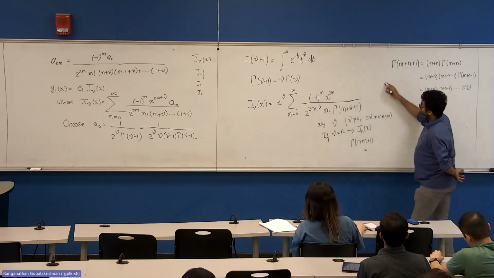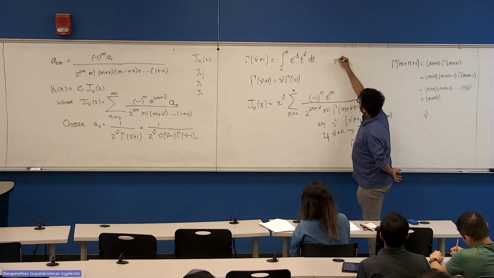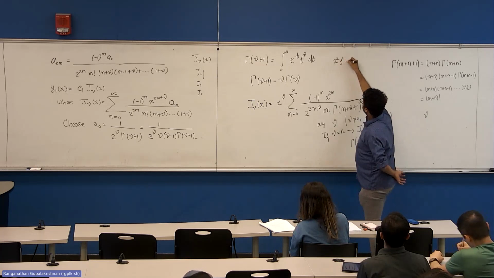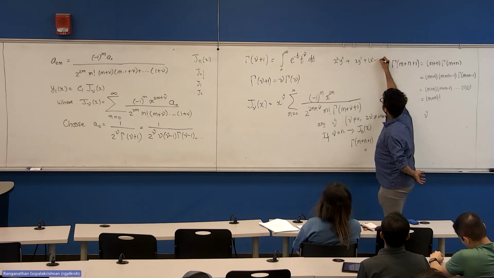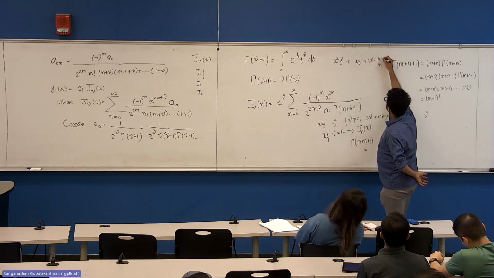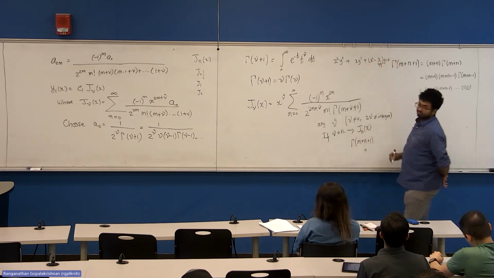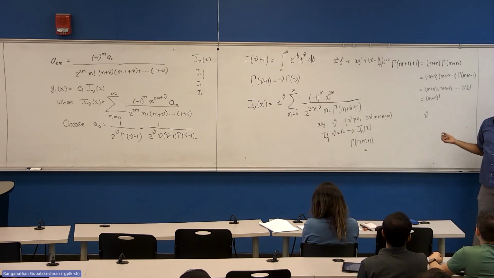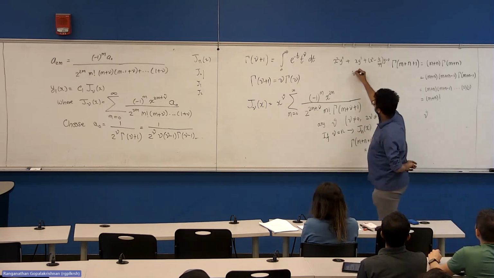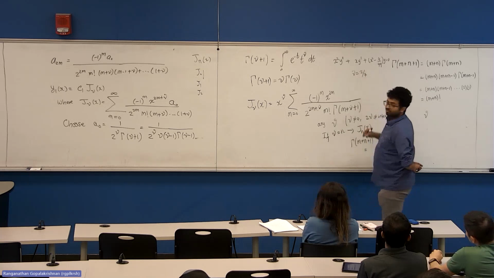For example, this is one of the problems on one of the mock exams. x squared y double prime plus x y prime plus (x squared minus 4 over 49) times y equals 0. Construct a general solution for this Bessel's equation, where nu happens to be 2 over 7.